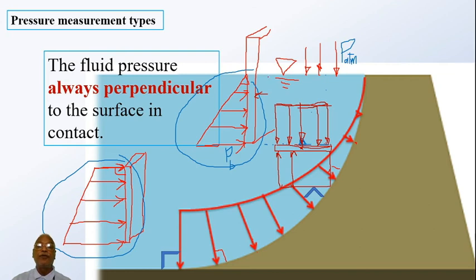A point in a fluid medium will have the same intensity of pressure. Now, how it acts, that's the most important thing that we are trying to emphasize here, that the pressure will be always perpendicular to the surface that is in contact. Okay, here I think we'll stop. We'll discuss further afterwards. Thank you.